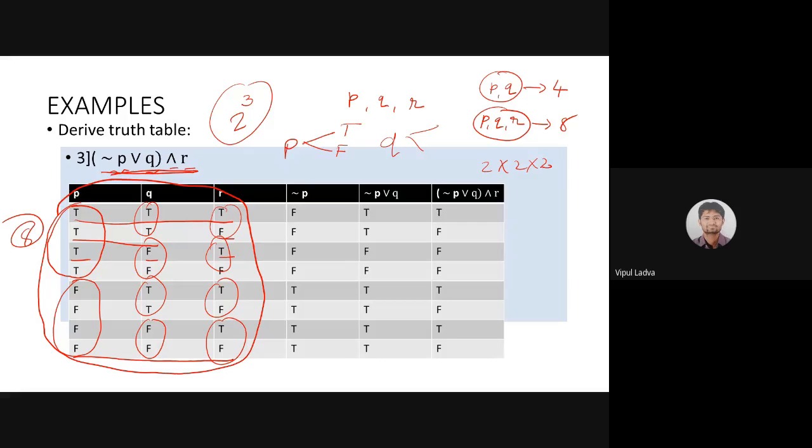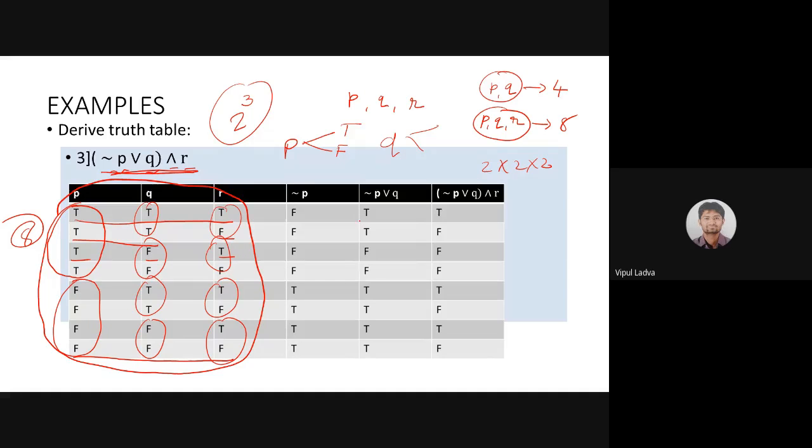In general, it is 2 to the power n. If we are using 4 statements, then it will be 2 raised to 4, that means 16. If we are using 5 statements, then the height of the truth table will be 2 raised to 5, that means 32 rows.